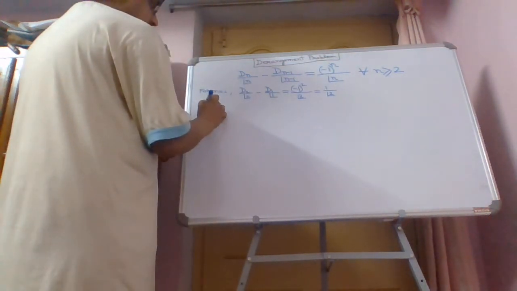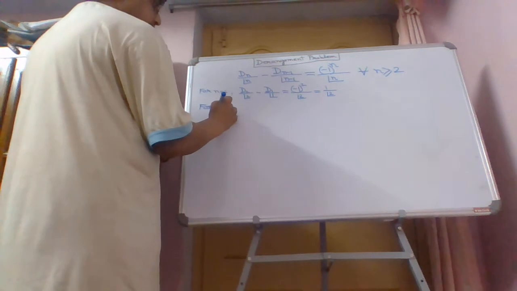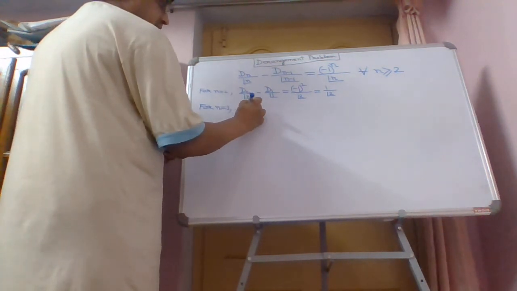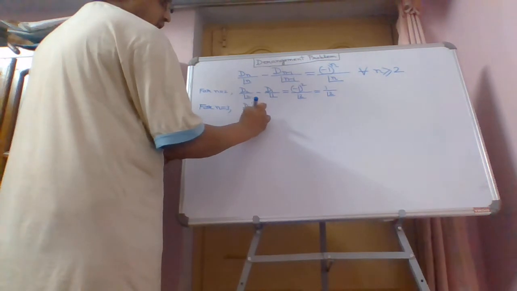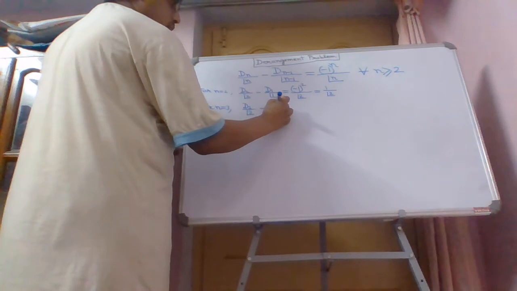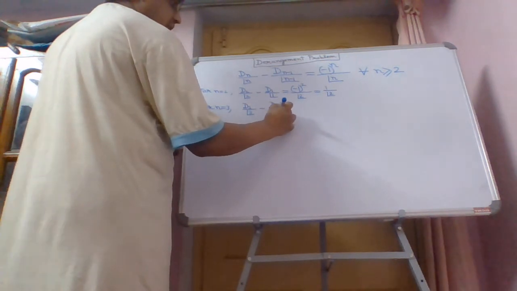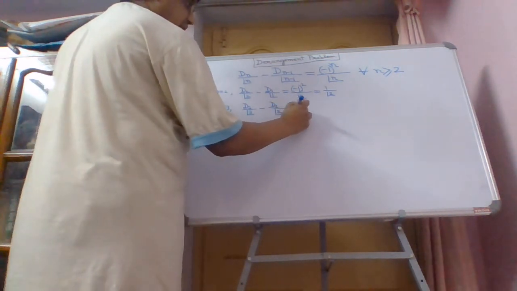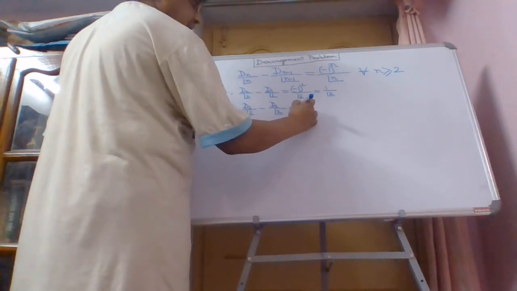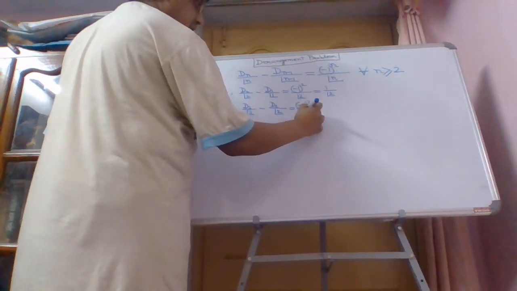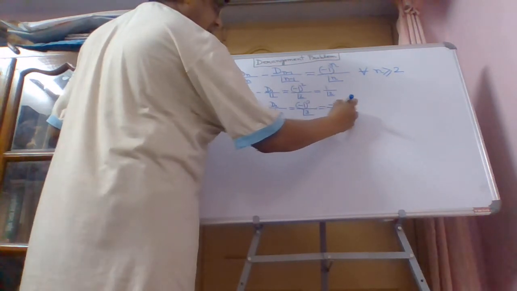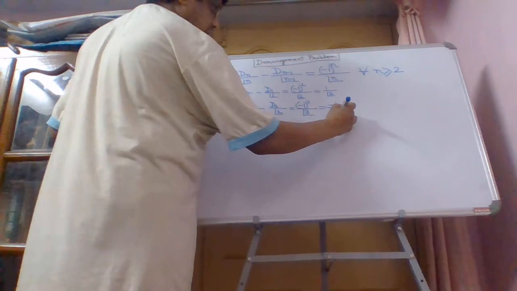For n is equal to 3, we must have d3 by 3 factorial minus d2 by 2 factorial, and that must be equal to minus 1 to the power 3 divided by 3 factorial, which must be equal to minus 1 divided by 3 factorial.